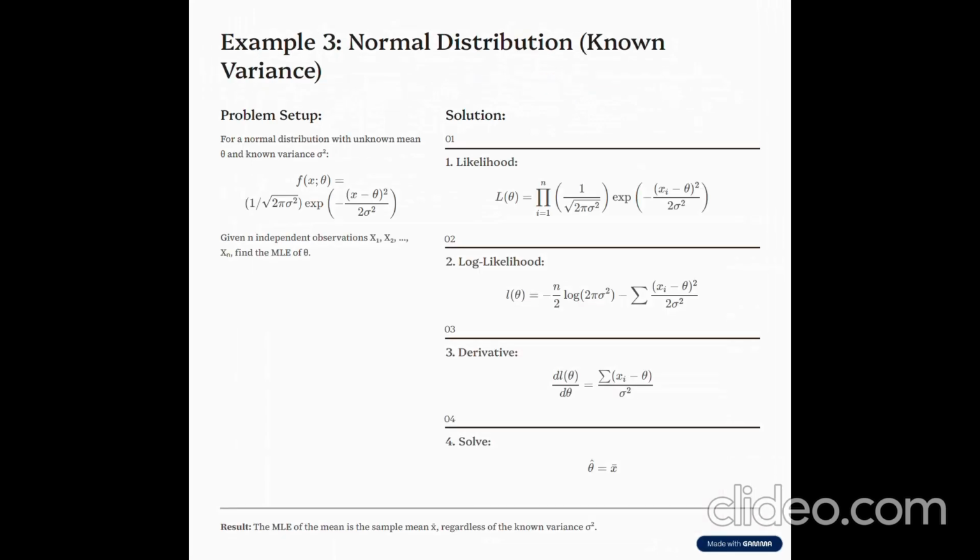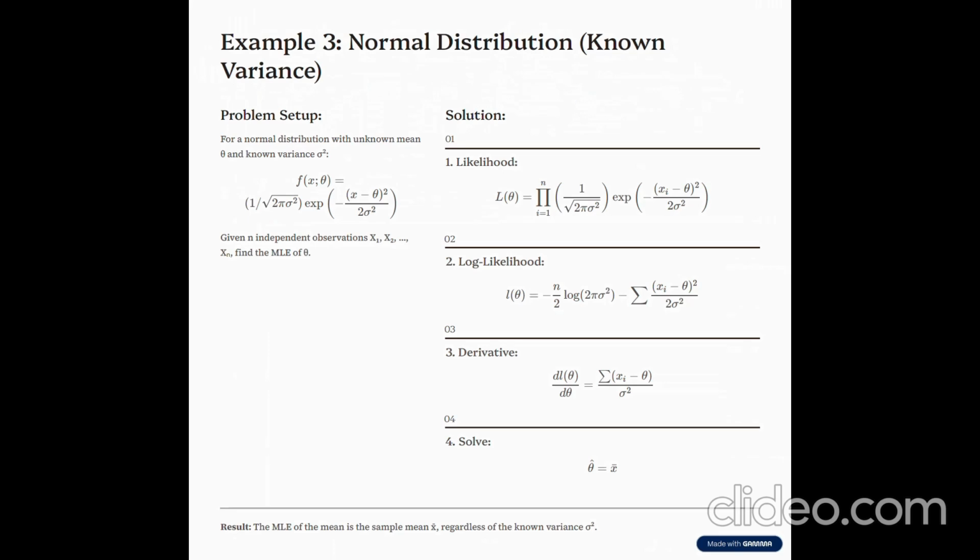Now let's explore the normal distribution. In this case, we are estimating the unknown mean when the variance is already fixed. This scenario is incredibly common in real world data analysis, such as measuring manufacturing precision, where the machine's spread is consistent.